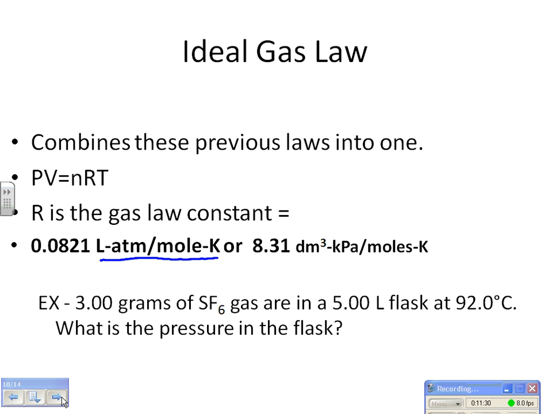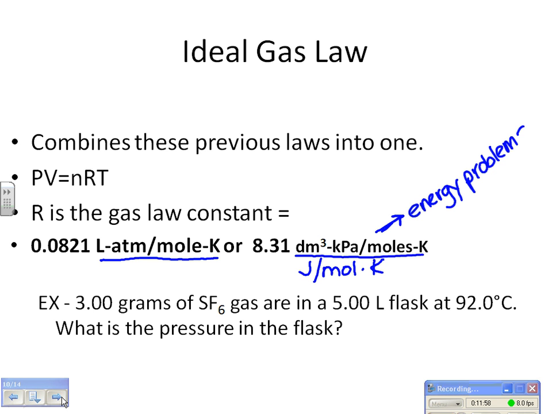0.0821 liter atmospheres over moles Kelvin, or 8.31 decimeters cubed kilopascals over moles Kelvin. Notice that what is different is the pressure units: atmospheres versus kilopascals. A cubic decimeter and a liter are exactly the same volume.